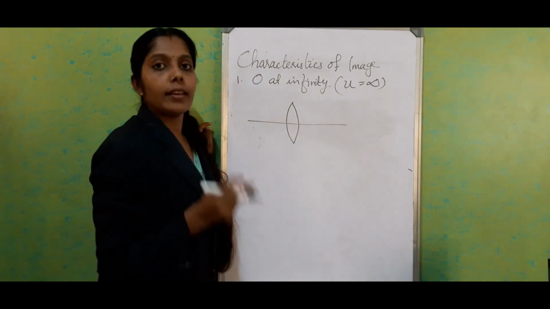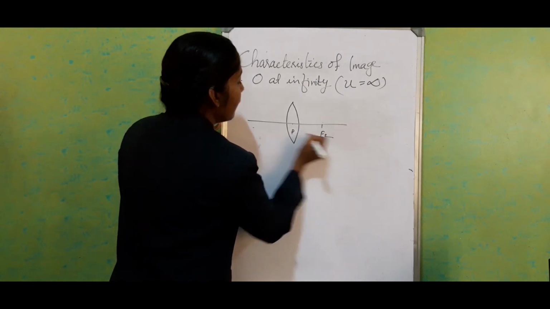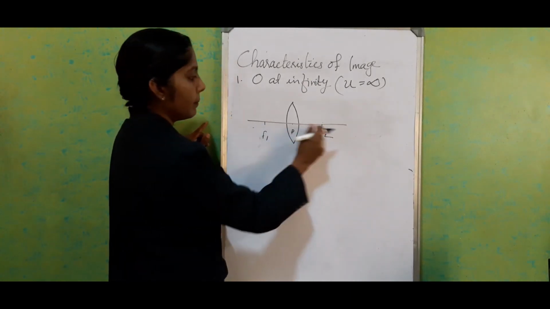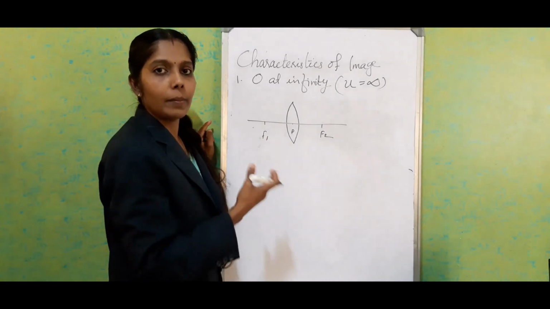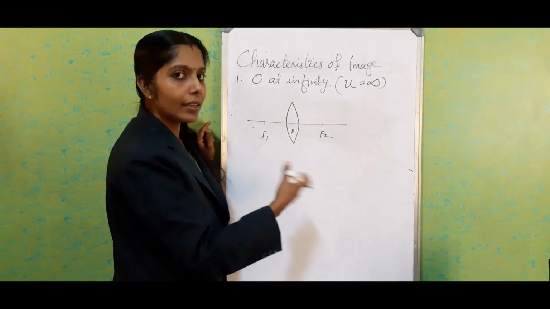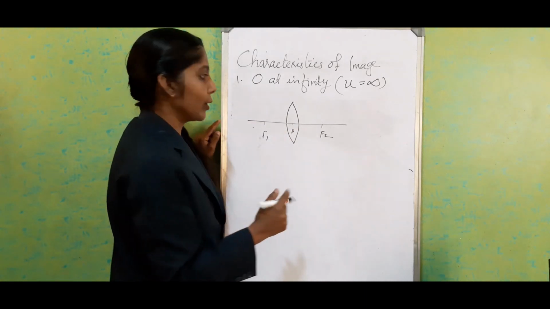When we are drawing the ray diagram, we have to mark the optic center, second focus, and first focus. Both these distances are always equal. I am not taking any measurement, so sometimes there may be some variation, so I will adjust the position to get the image at the right position.